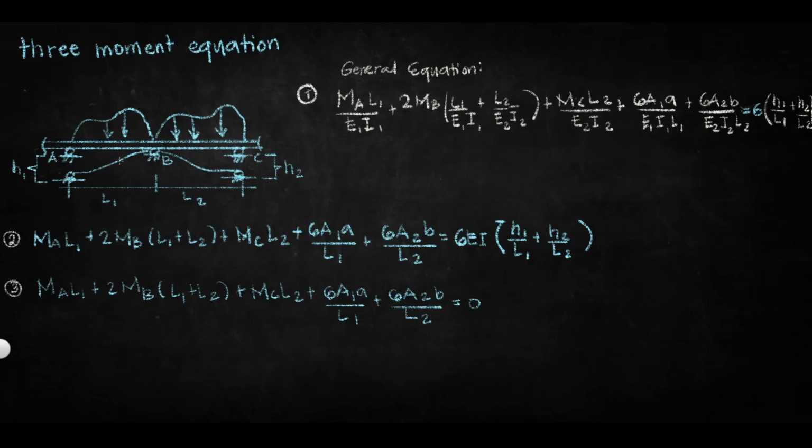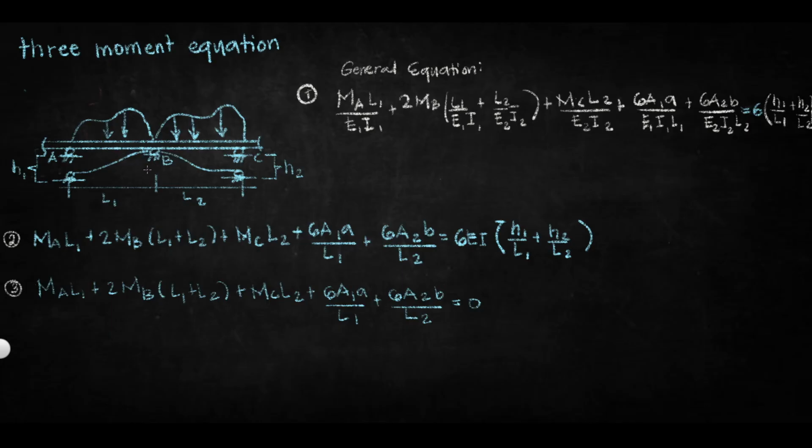In this equation, we will consider only two spans, the spans between the points. For span AB, let's say the length is L1, and for span BC, the length is L2.